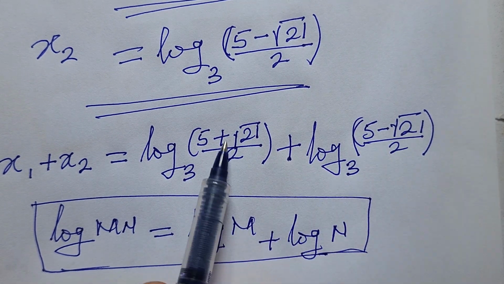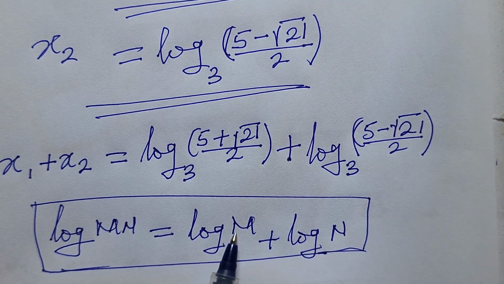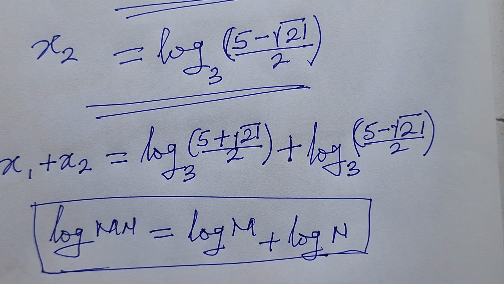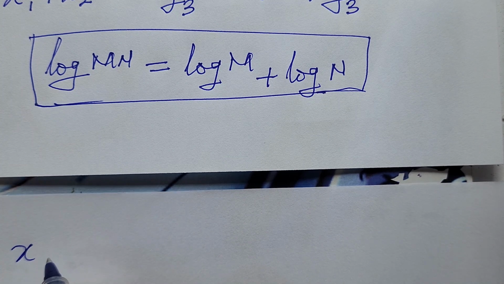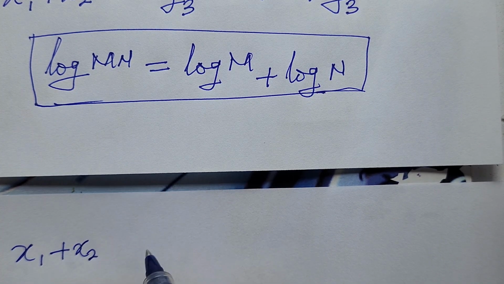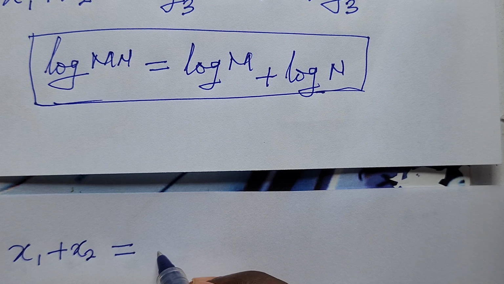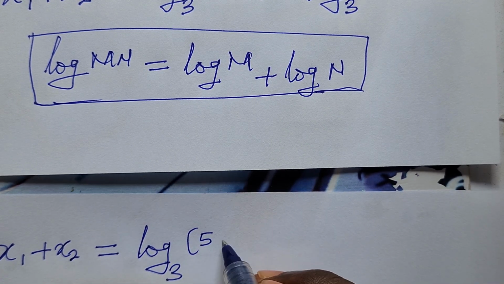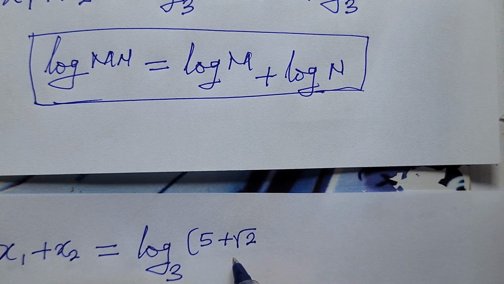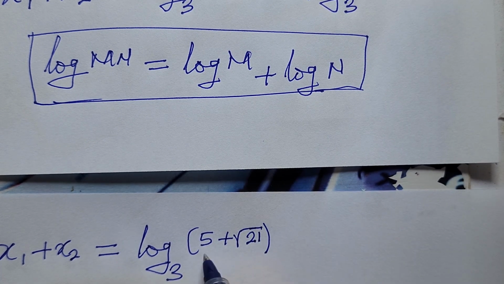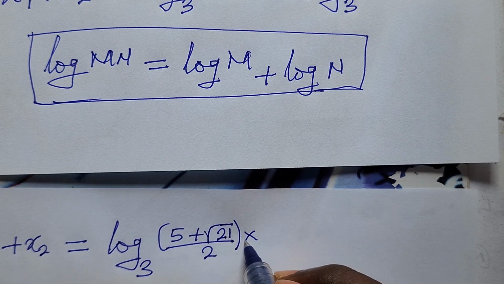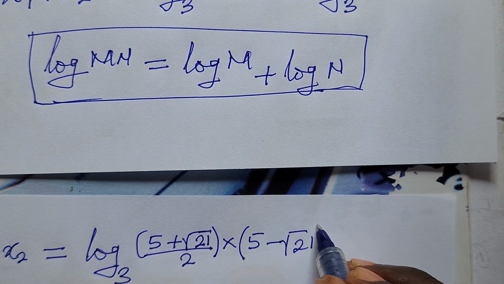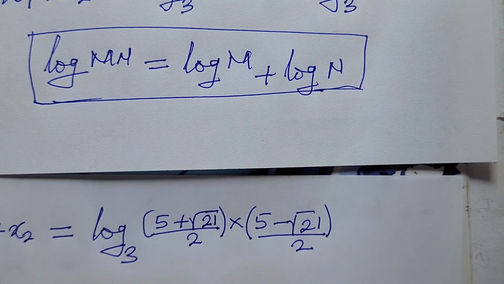So we have this expression, and I want to take this back to this format now. So how do we do that? From here, our x1 plus our x2 will now give us log base 3 of (5 plus square root of 21) all over 2, times (5 minus the square root of 21) all over 2.